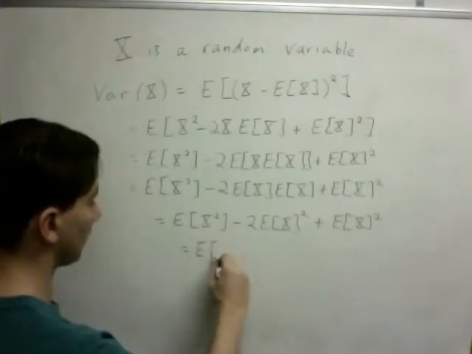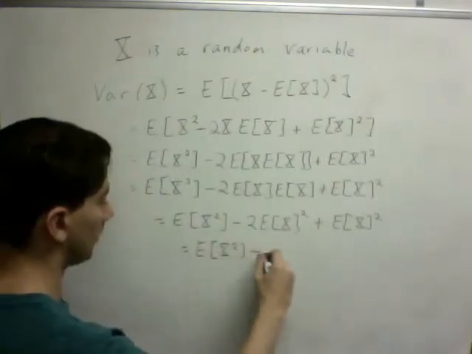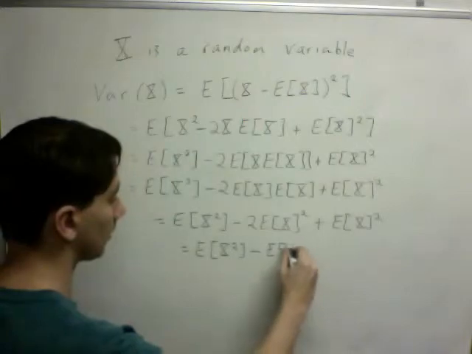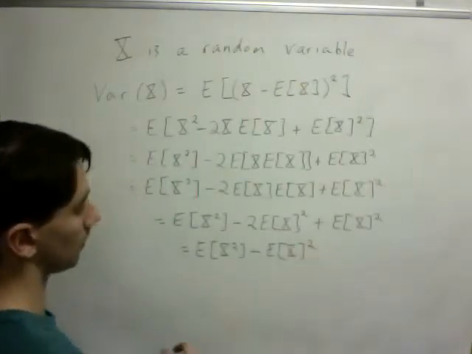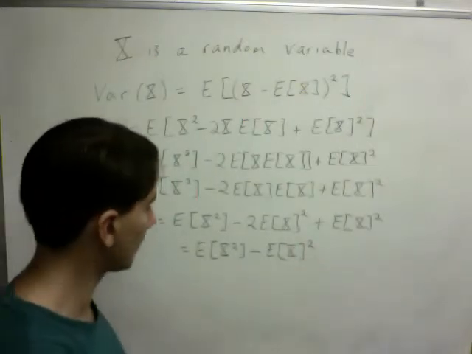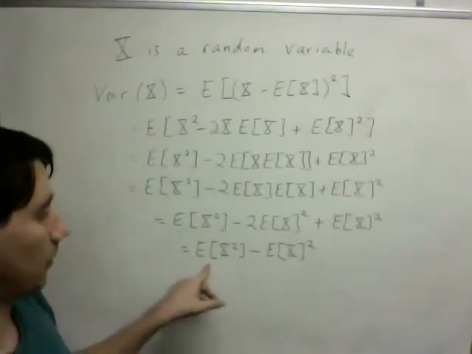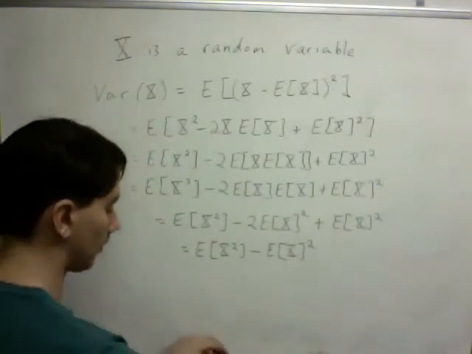So this is equal to the expected value of x squared minus the expected value of x quantity squared, so the square's on the outside. And so this is a formula for variance, and you could use this formula.